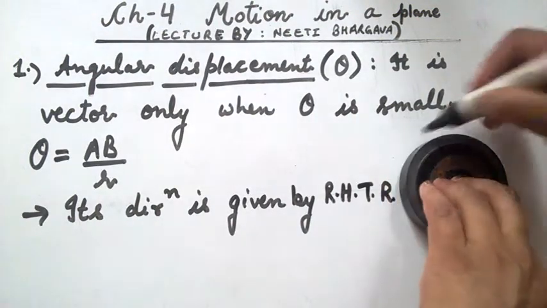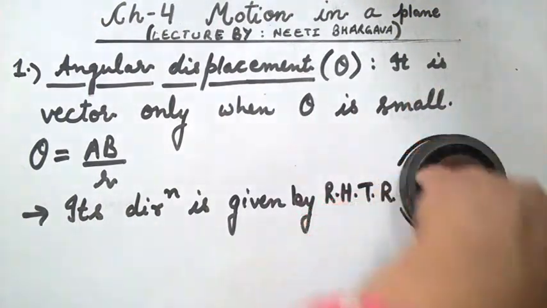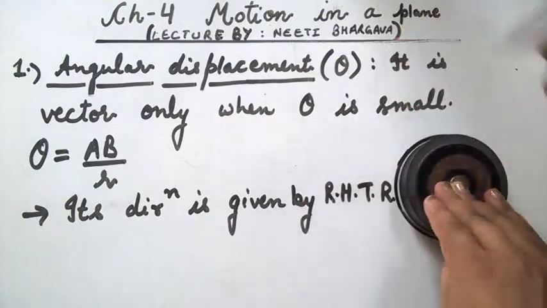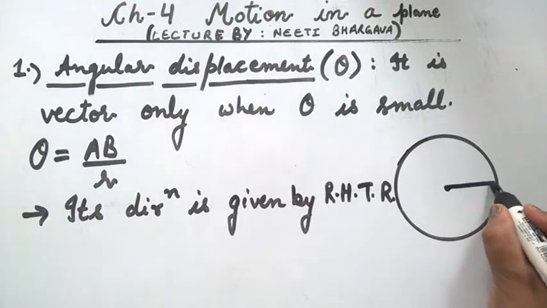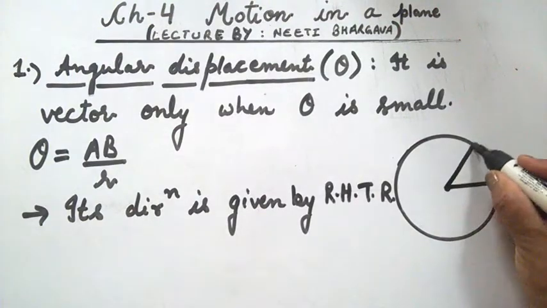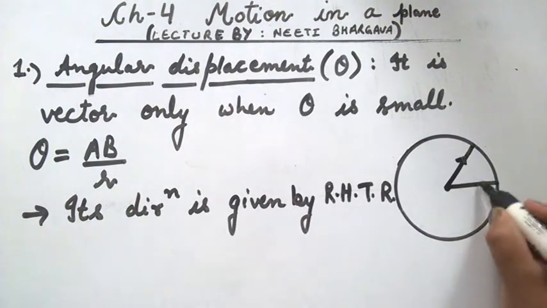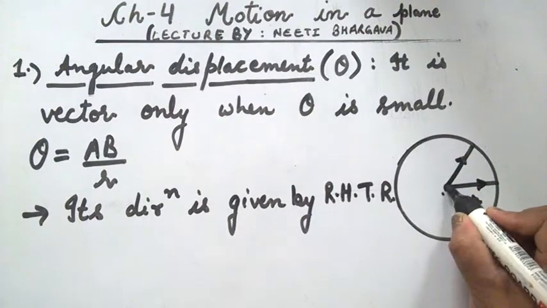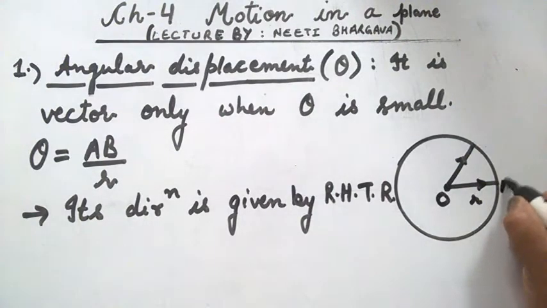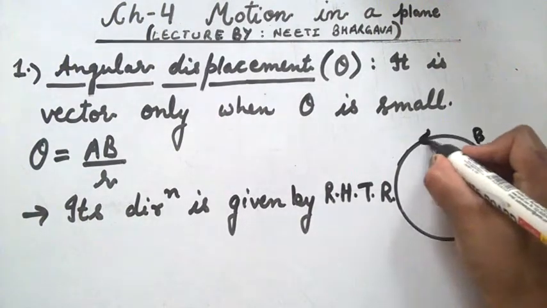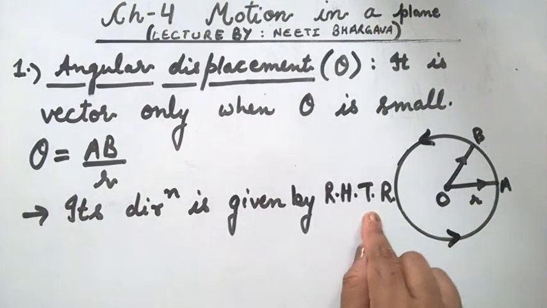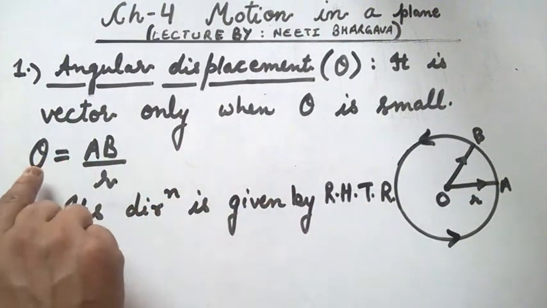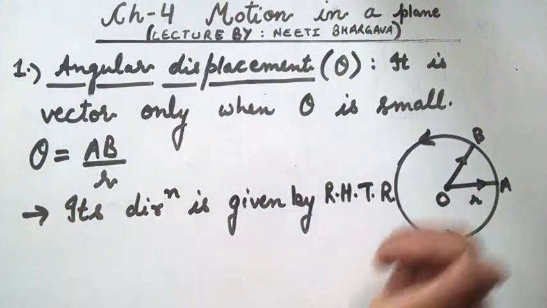Let us suppose the particle is moving in anti-clockwise direction. Then according to the right hand thumb rule, the direction of angular displacement is vertically upward.